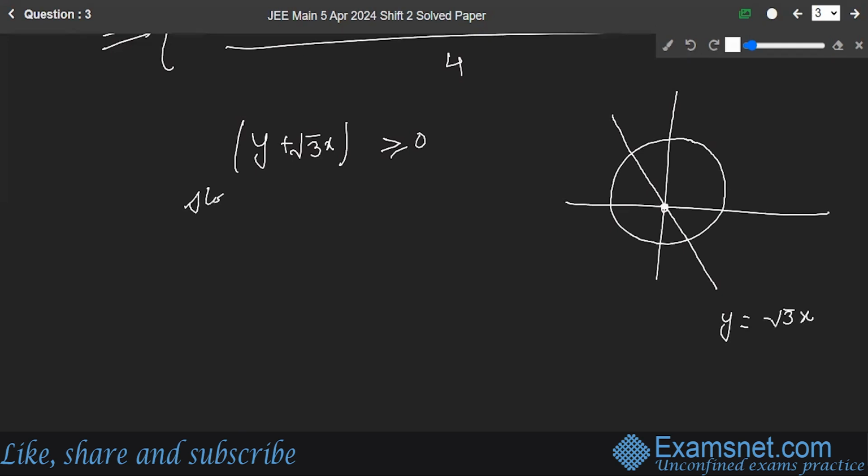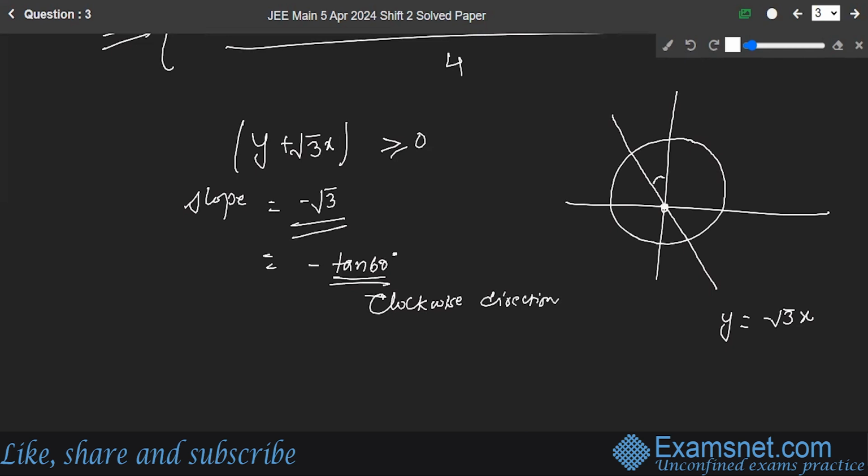Here the slope is, I'm changing the inequality into equality, slope for this line is equal to minus tangent of 60 degree. So that means this angle is taken in the clockwise direction, minus 60 degree, right?